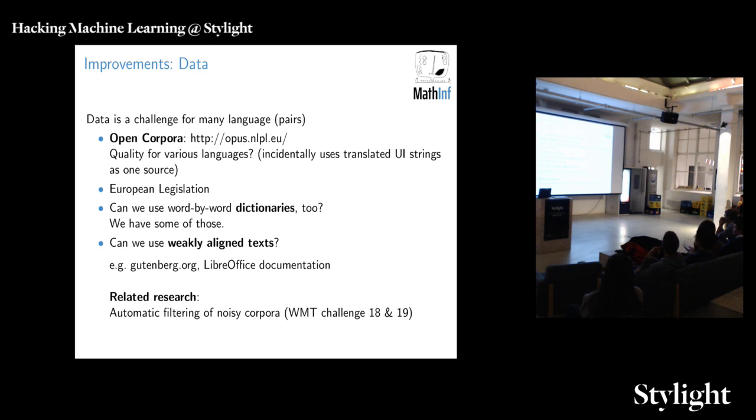And then there are the obvious questions: can we use word-by-word dictionaries too? And can we use weakly aligned texts? Actually, this is the subject of active research. Last year and this year, the workshop on machine translation had a challenge where you should filter out good pairs and bad pairs, so you can use not-so-well-aligned texts and work with these.